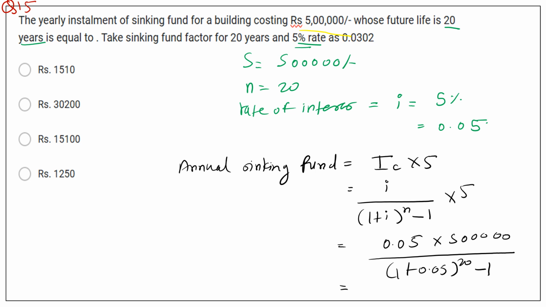After calculation, you get the answer which is 15100. So this option is given in the third option, which is rupees 15100. So the yearly installment of sinking fund, option number third, is correct.